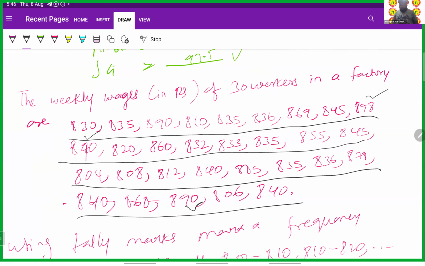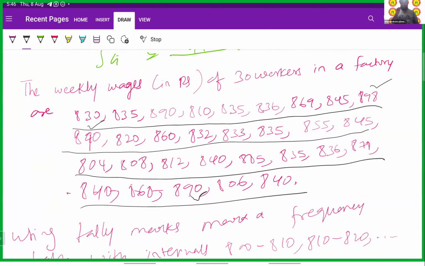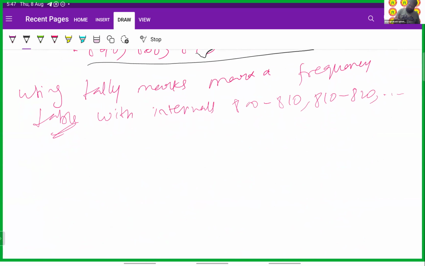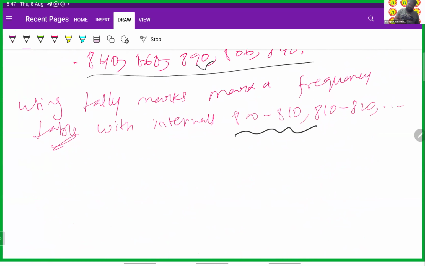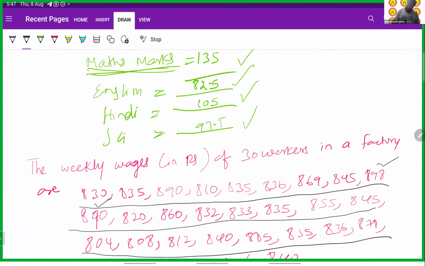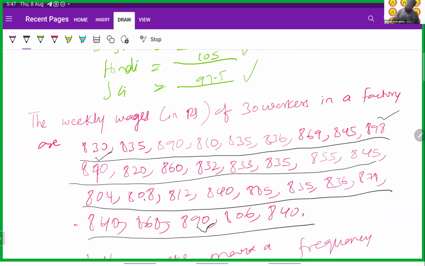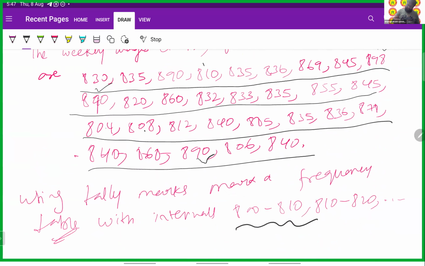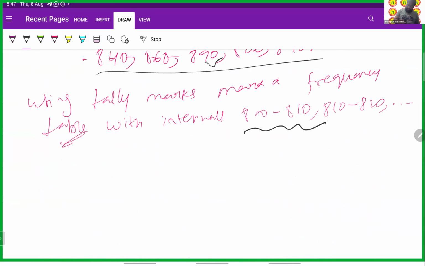I find the highest number so that I can set the frequency table up to that extent. It starts with 800, you can see 808, 804, and again 810. So now I will make class intervals here.